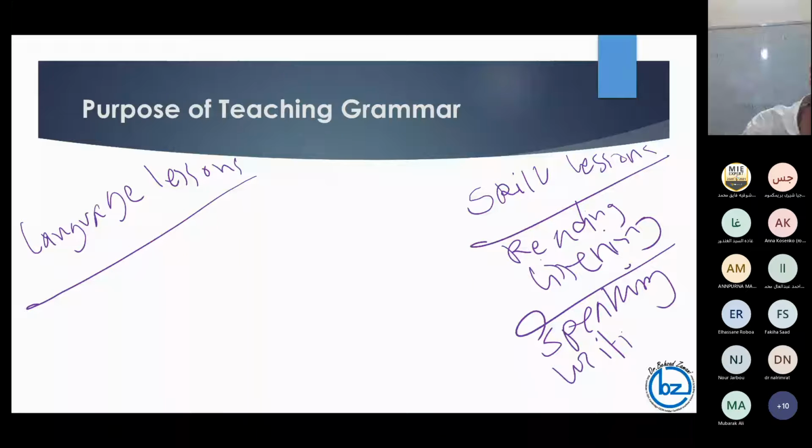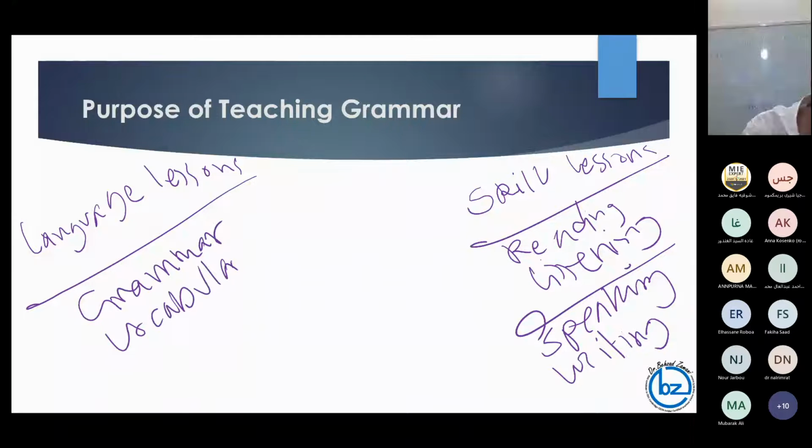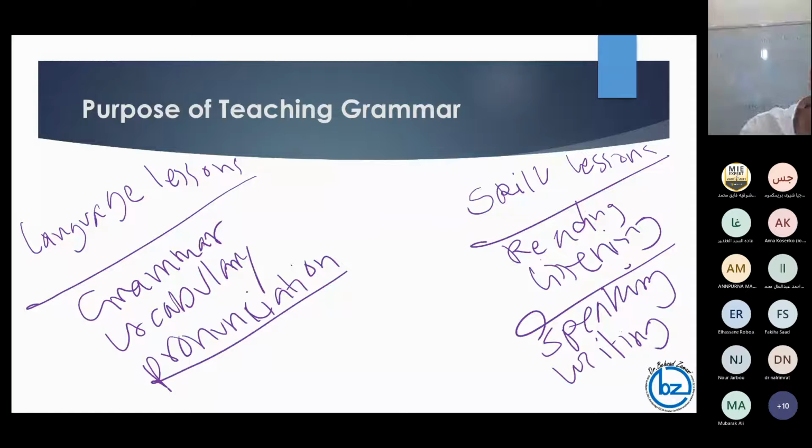And language lessons are those on grammar, vocabulary, pronunciation, and even function. Okay, so two types of lesson that you can see in all the books that normally we have.